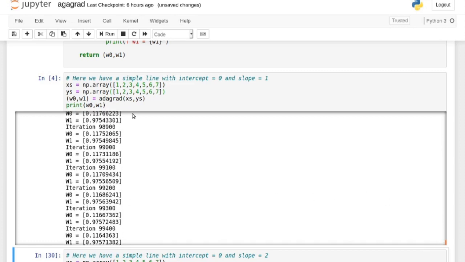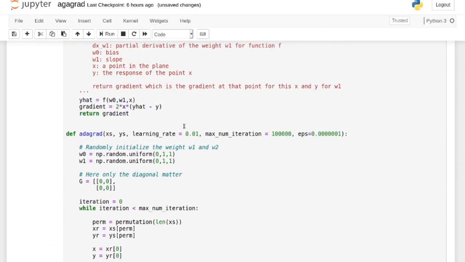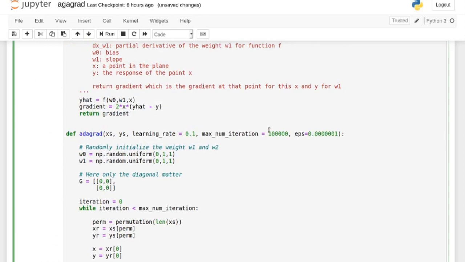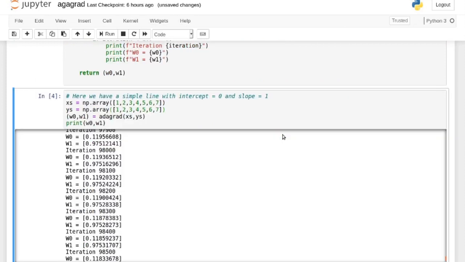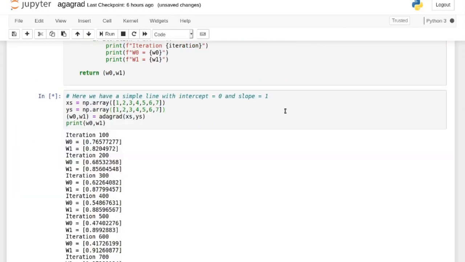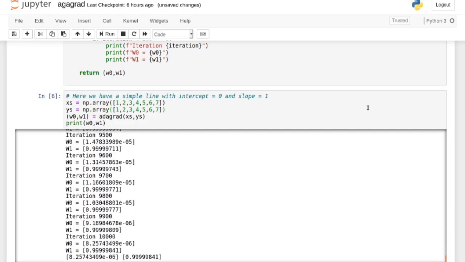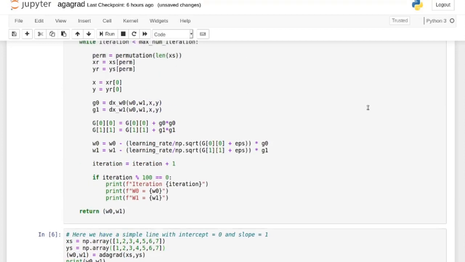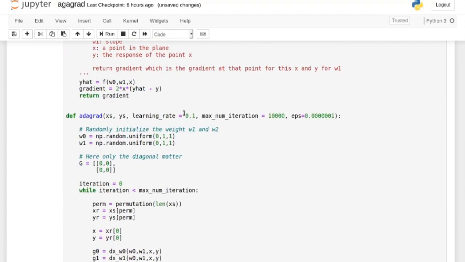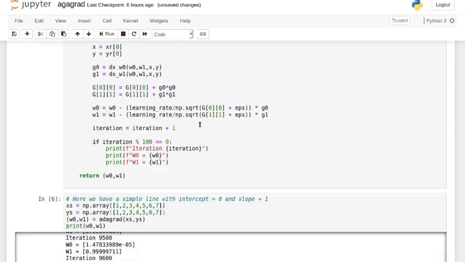In this case, choosing a smaller learning rate like this will actually, I'm pretty sure, help. Yeah, it's helping a lot. So yeah, I think I'm going to leave it at 0.1, but the whole idea of Adagrad is that you don't have to play with this, but the 0.01 learning rate is for text and sparse feature space.